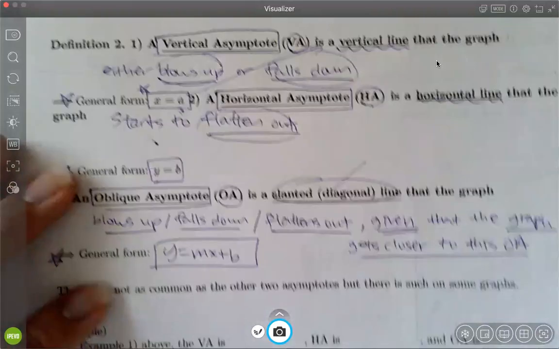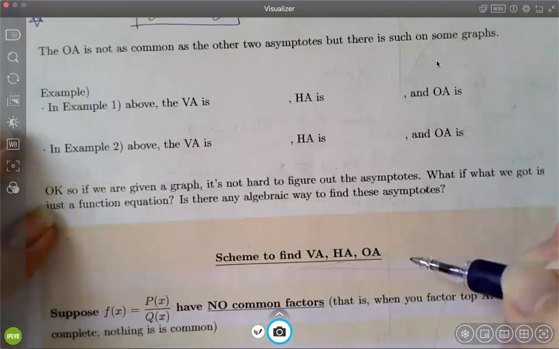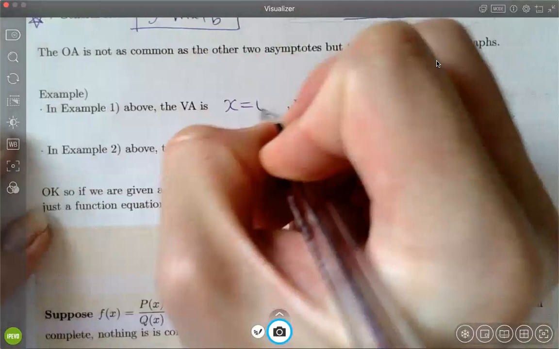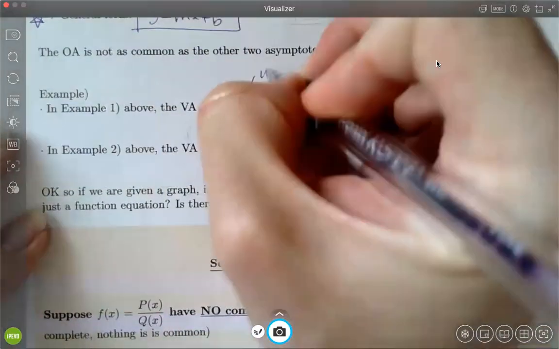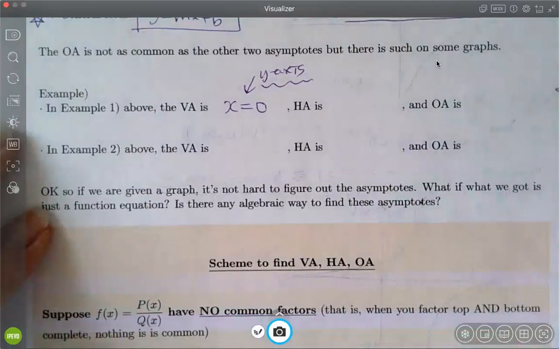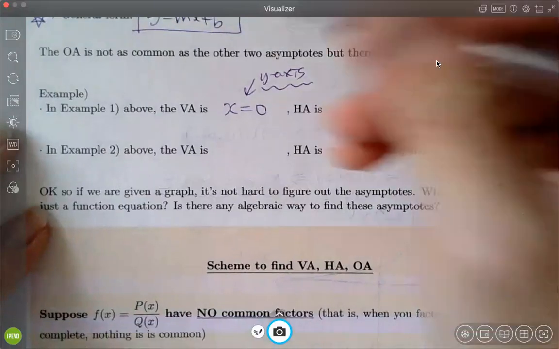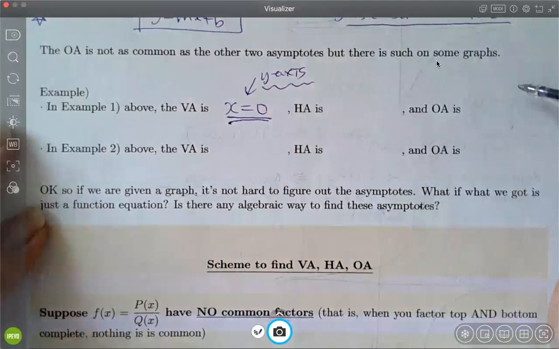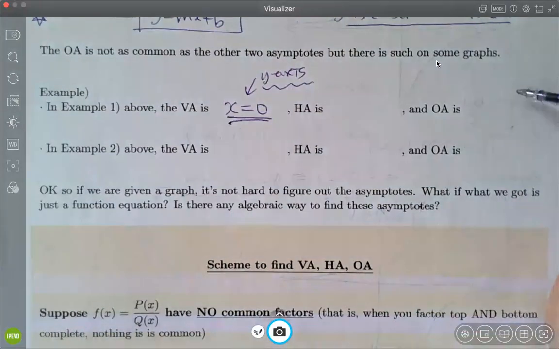So the vertical asymptote is x equal to 0, which is the same as the y-axis. Yes, that is true, but you shouldn't say y-axis. You must say x equal to 0 because we have to follow the specific form x equals some number.